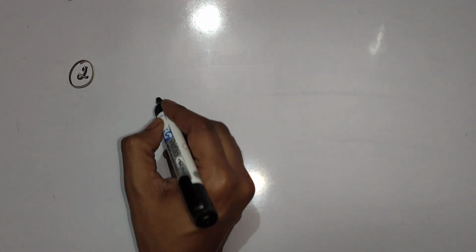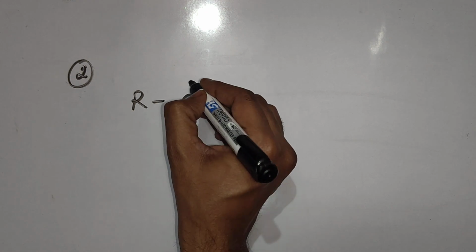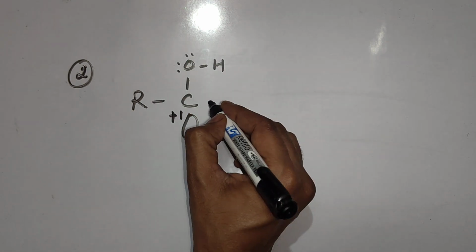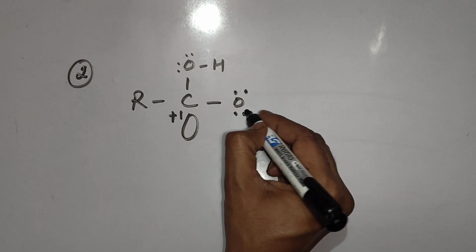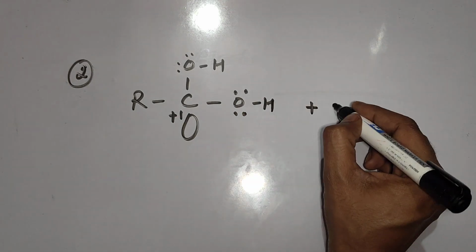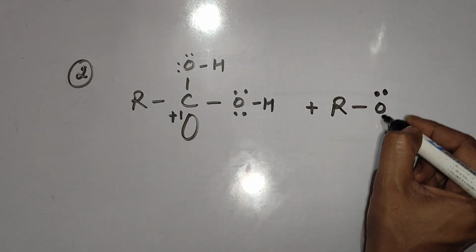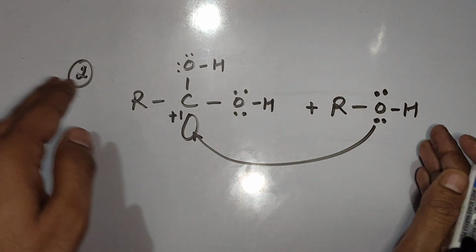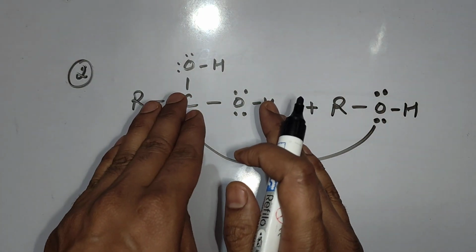What was the second step? The second step was in which the carbocation was available, and on this carbocation, the alcohol molecule was attacking. This step. And after that, the tetrahedral intermediate was generated.